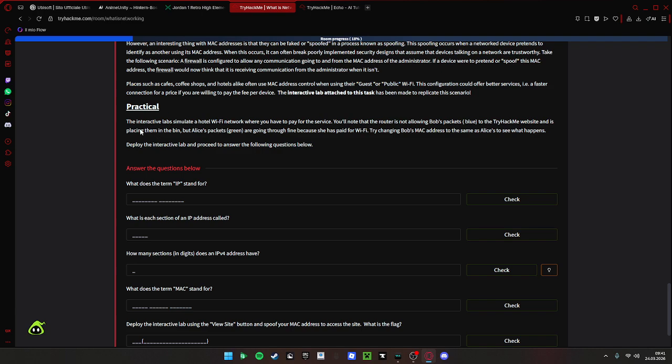I have here the interactive lab simulating a hotel Wi-Fi network where you have to pay for the service. The router is not allowing Bob's blue packets to reach the Hackme website and is placing them into the bin.